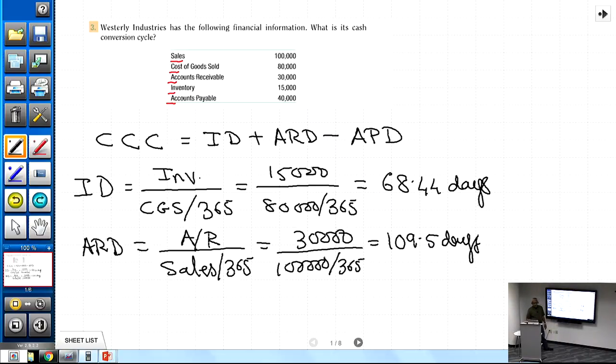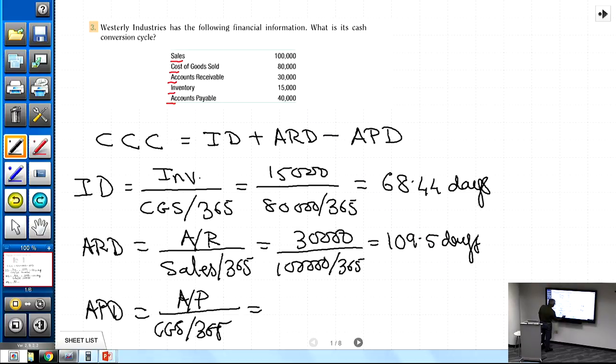And finally, we have accounts payable in days, APD. So accounts payable divided by cost of goods sold again over 365.